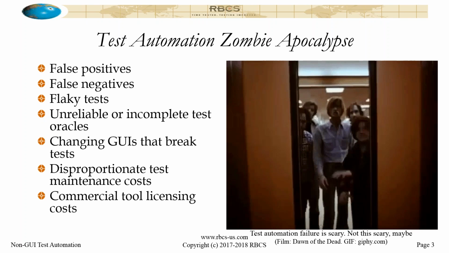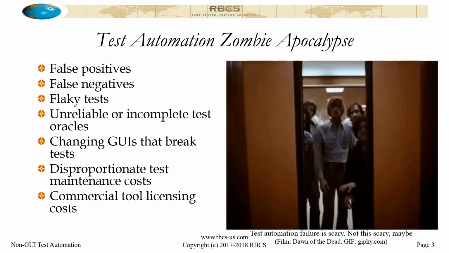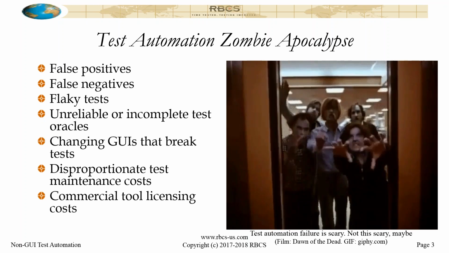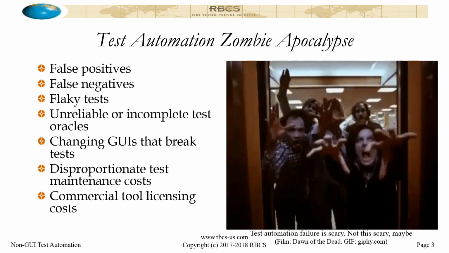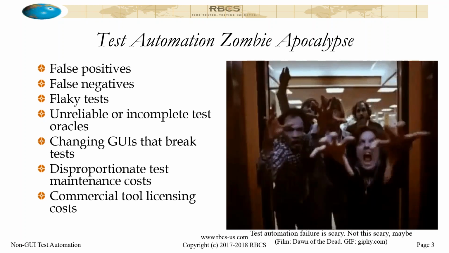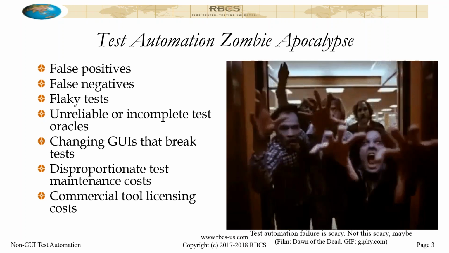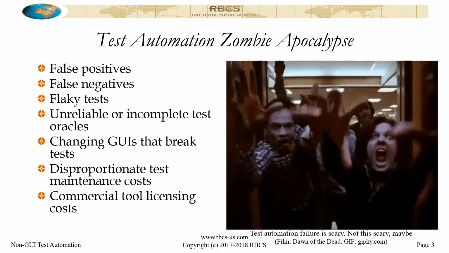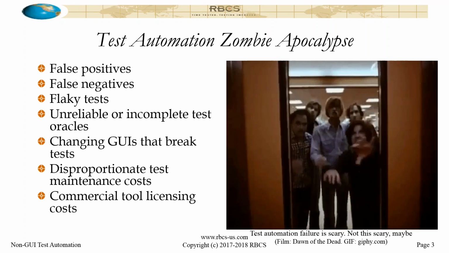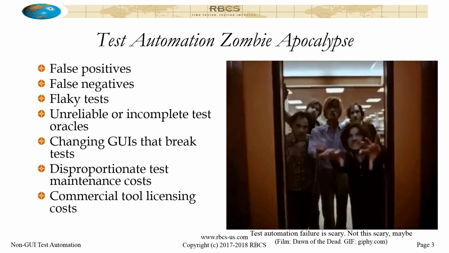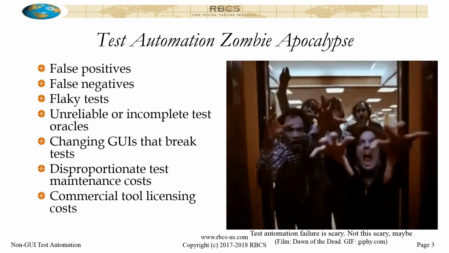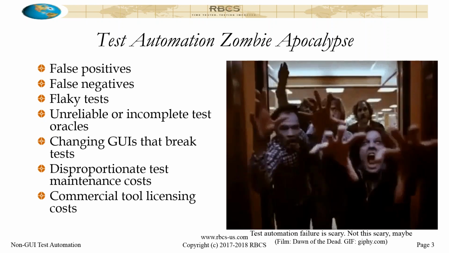Of course, anytime you test through a graphical user interface, any change to the graphical user interface can potentially break the tests. And all of these things lead to potential disproportionate, not only test execution costs, but also test maintenance costs. Now, when I say disproportionate, what I mean is that a relatively small change to the application under test or system under test, depending on what it is, can result in a really significant amount of test maintenance.